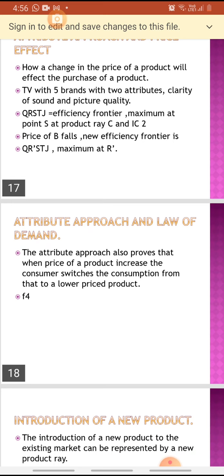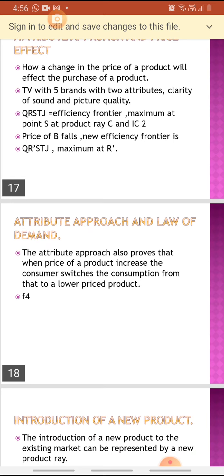Suppose the price of one product or one brand falls. So the efficiency frontier changes. If the price of B falls, we can purchase more of B. The tendency for purchasing B is increasing. So a new efficiency frontier comes, that is QR-STJ. Here the maximum point also changes.